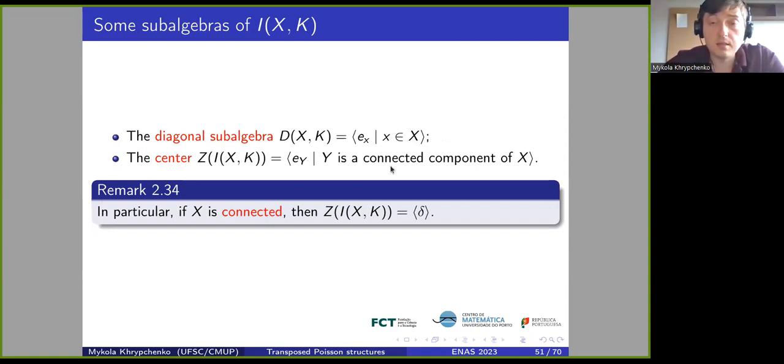Its center is spanned by these diagonal elements, which correspond to connected components of X. And we will be considering only connected X, so our center will be the same as in the matrix algebra, spanned by the identity element.